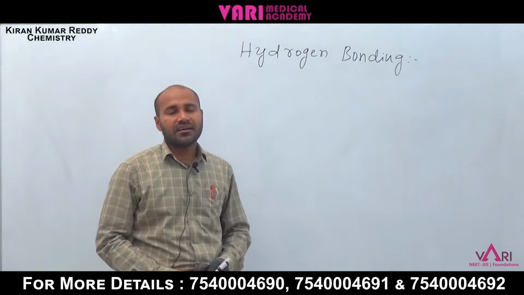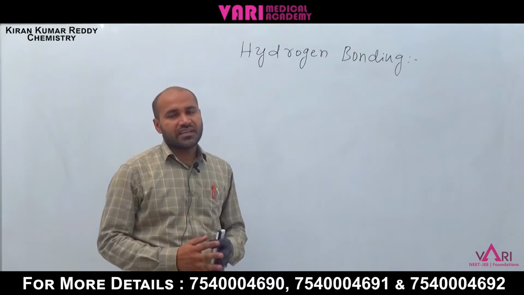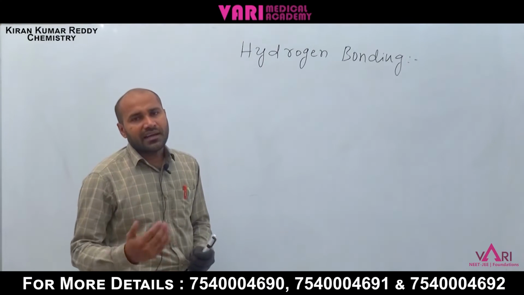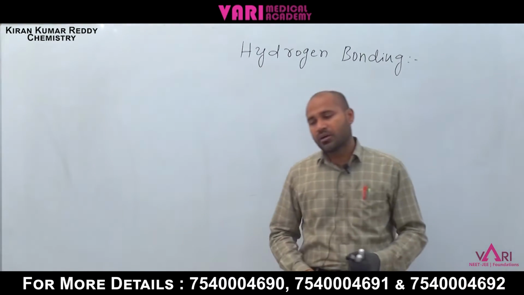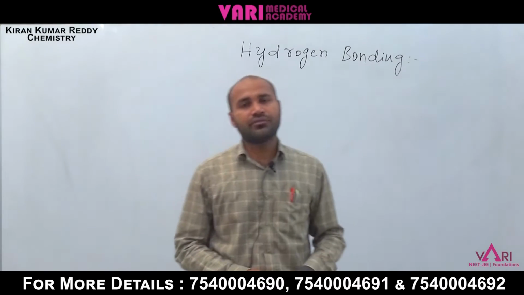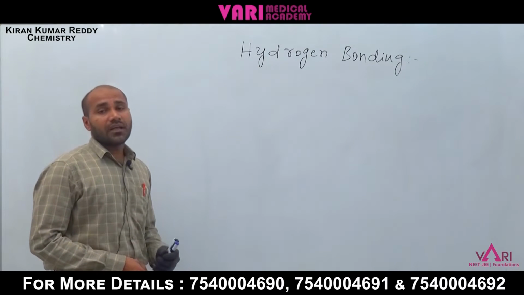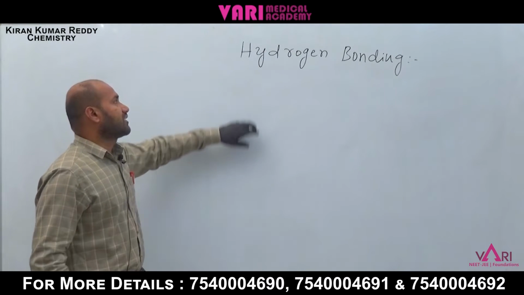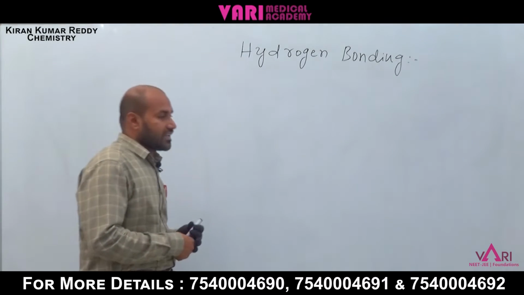These bonds are much stronger compared to van der Waals forces of attraction or hydrogen bond. Ionic, covalent and metallic bonds come under the category of intramolecular bonding, and intermolecular bonding covers hydrogen bonding and van der Waals forces of attraction.